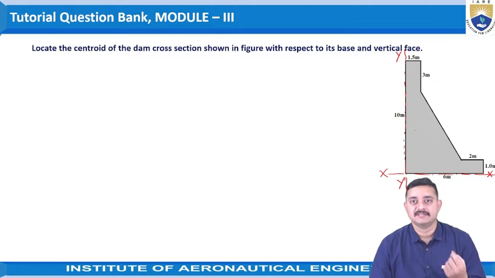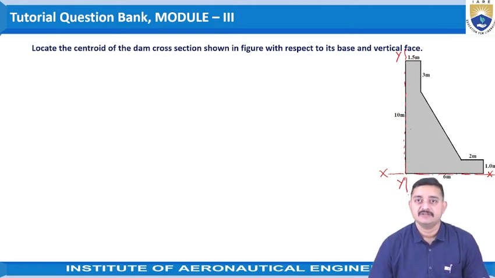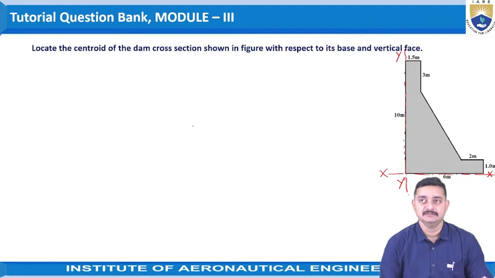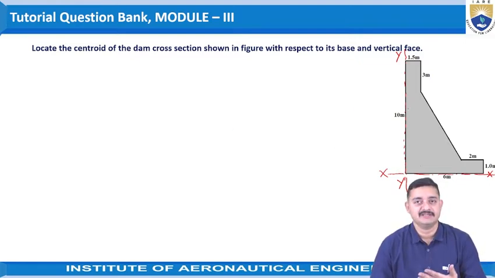Whatever centroid we identify will be at a distance from this x and y axis. So as the first step, we have represented the reference axes.